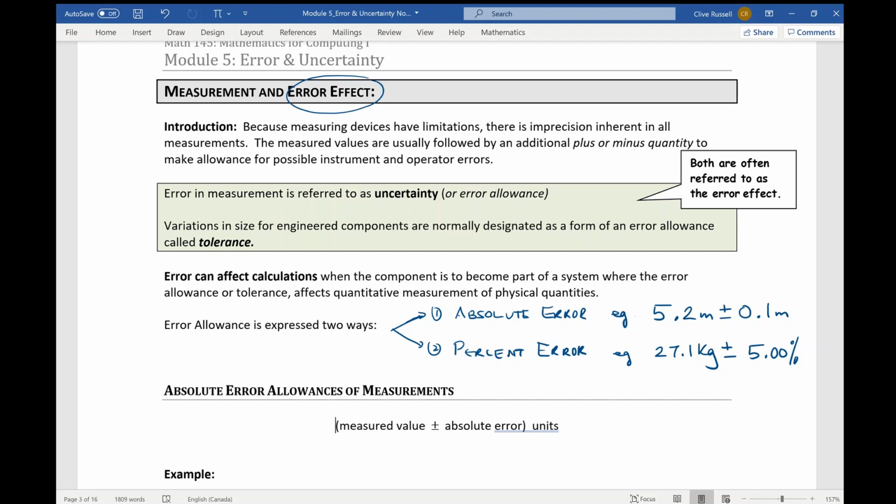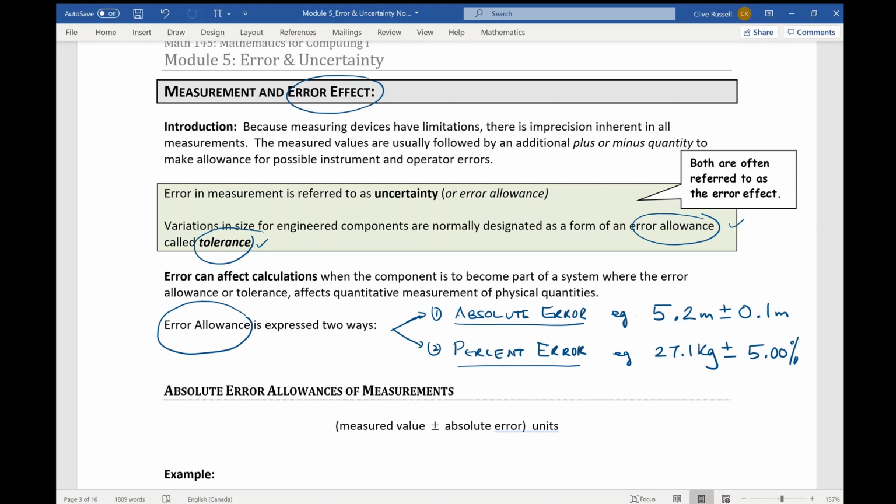So I could say I weigh 175 pounds plus or minus 1 pound. That's an error effect, and we're using what we call an error tolerance, or error allowance. There are two ways to express error allowance: the absolute error and the percent error.